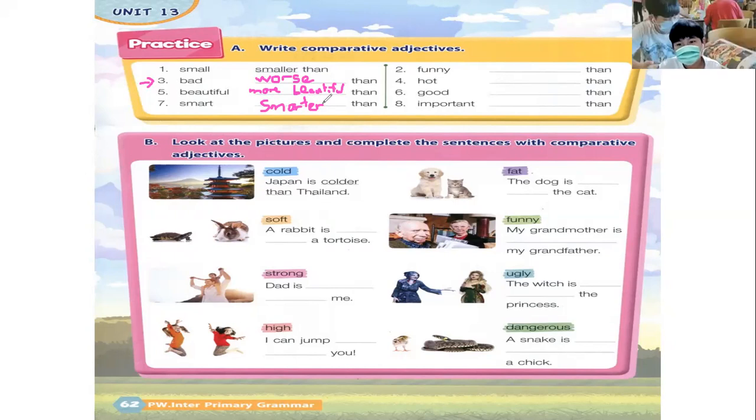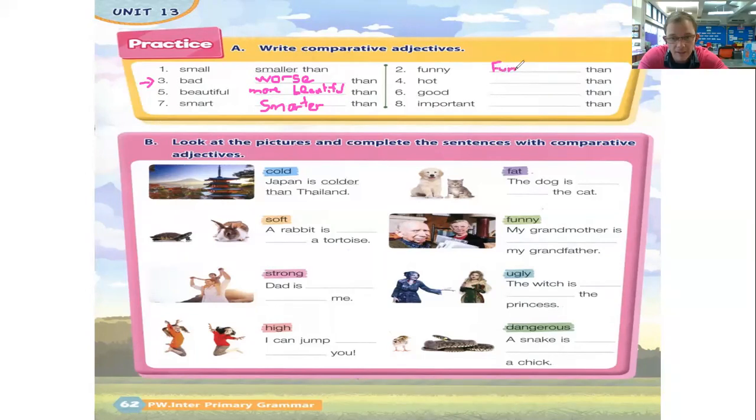How do you spell that? Funnier. Remember, if it ends with a Y, we have to take away the Y and add an I. Very important. Very good. Thank you very much, Leon.